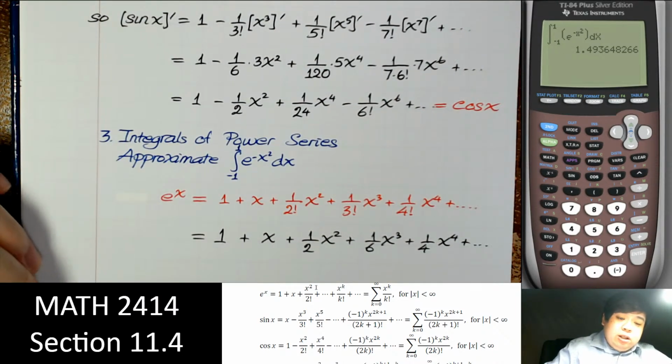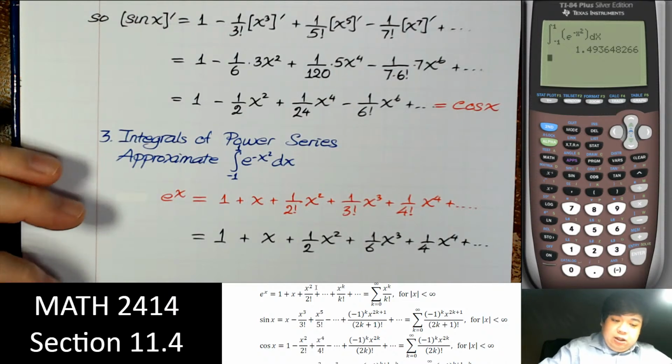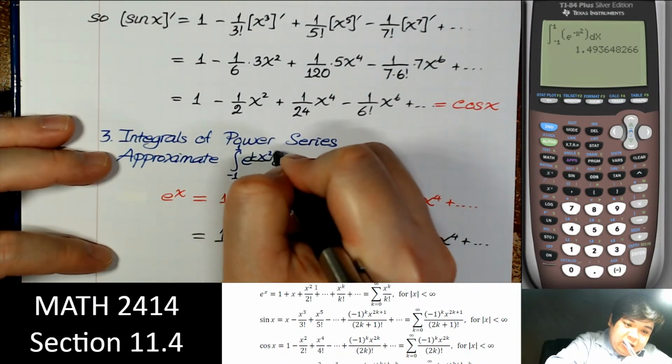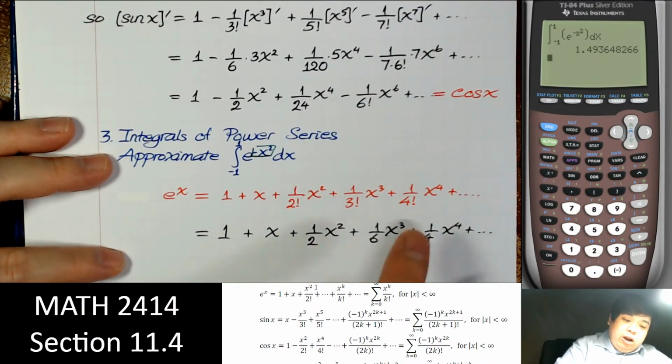Now what we do is, we have the negative x squared here, so we're going to substitute in for x.